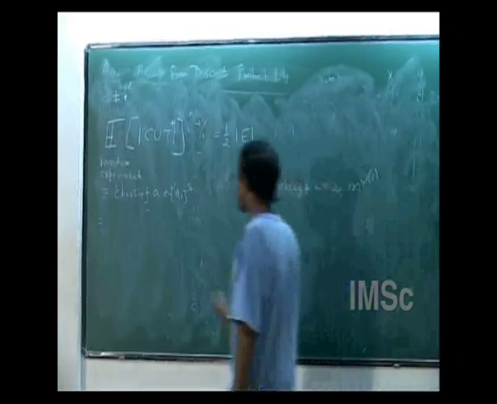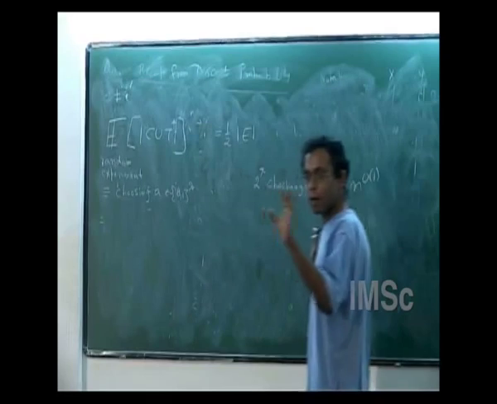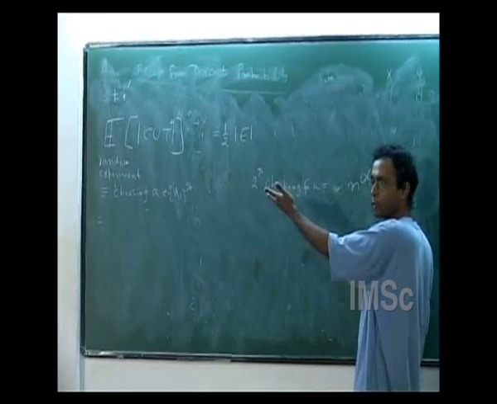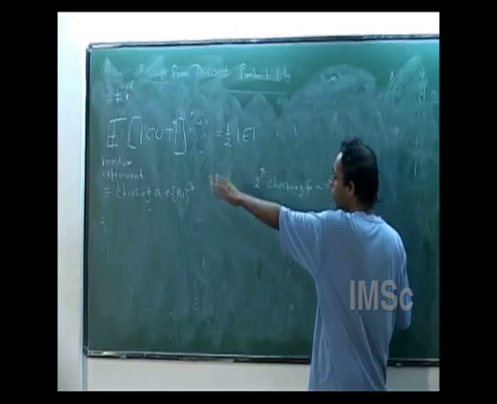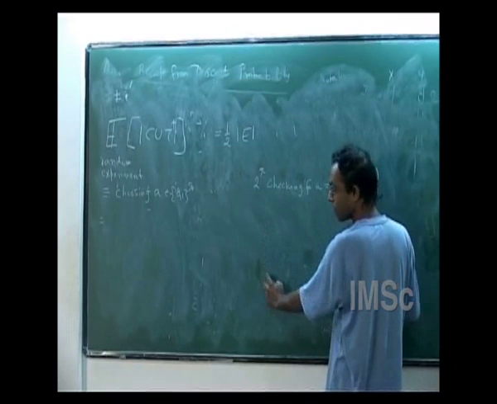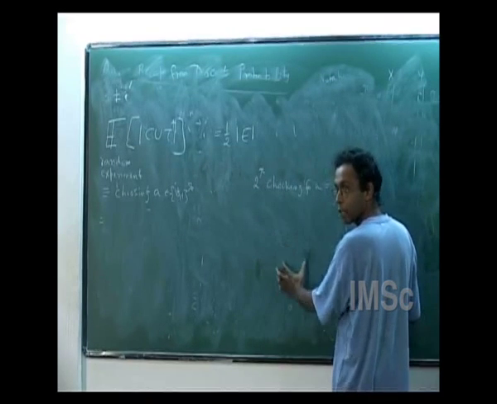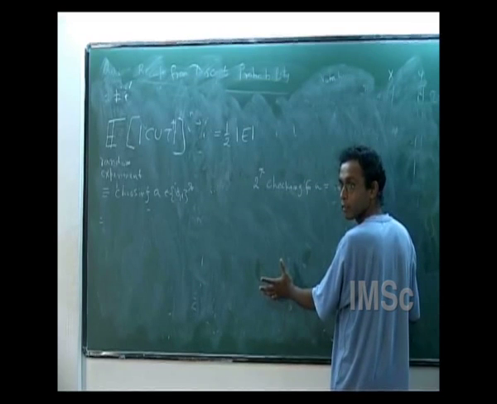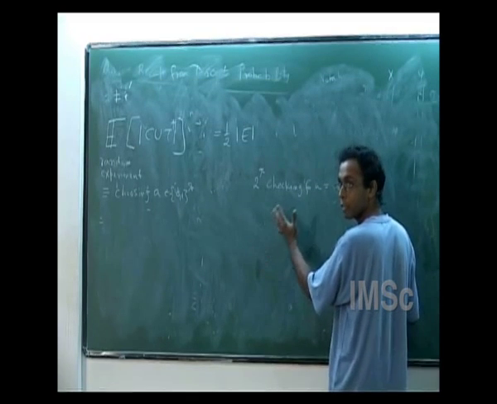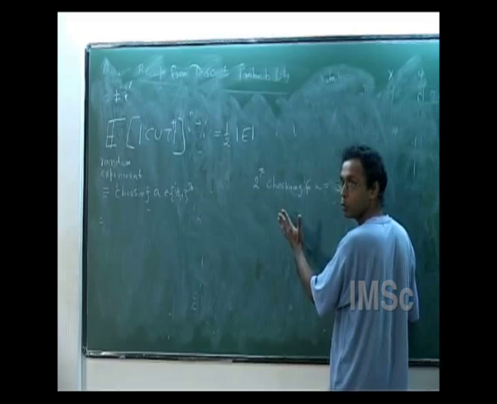So this is de-randomization. Now I am claiming that I don't need any randomness. I will not pick A randomly. I will go one by one through different choices of A, compute that cut and take the best among them. And I know that the best will satisfy at least cardinality of E by 2.